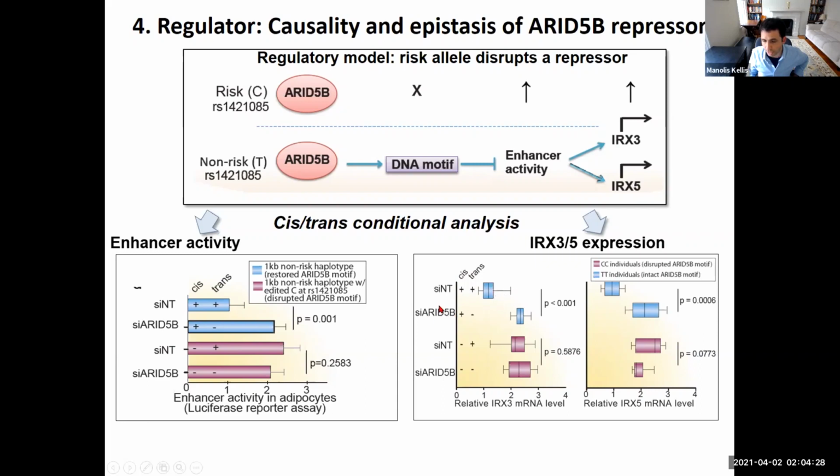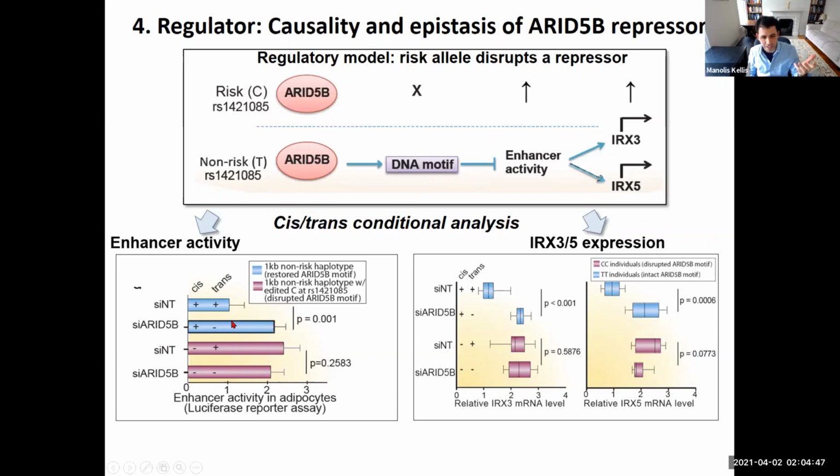And if you disrupt either the upstream regulator or the SNP, then you see de-repression. So there's an upstream regulator that normally binds that motif, and when the SNP happens, the repressor can no longer bind, and the enhancer is overactivated, and IRX3 and IRX5 are overactivated.